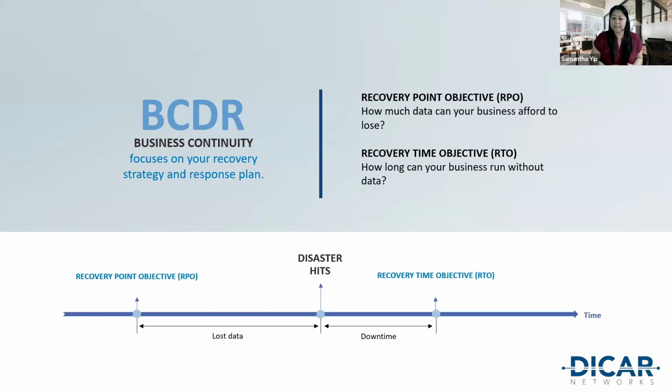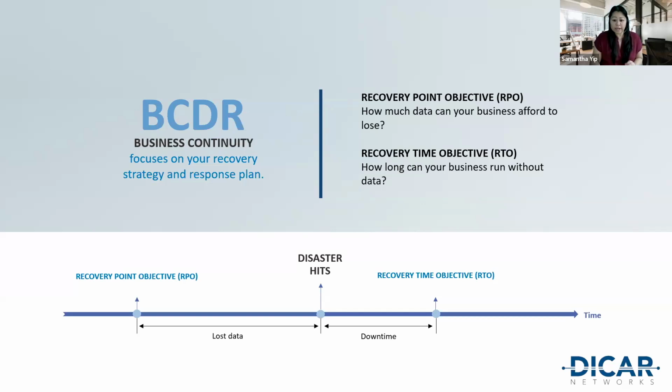RPO is defined as the maximum amount of data, as measured by time, that can be lost after a recovery from a disaster, failure, or comparable event before data loss will exceed what is acceptable to an organization. So that's the amount of data that you're able to lose in that event that is acceptable to the organization.